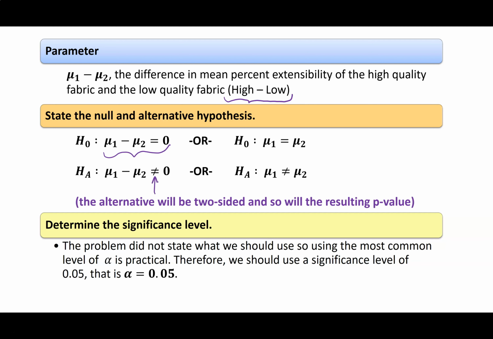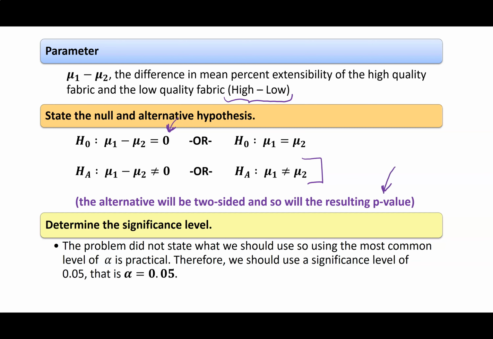So note also, across the top, we consider these two equivalent. If you said mu1 equals mu2, that's the same as mu1 minus mu2 is equal to 0. I tend to like this first one just because that equal to 0 tells me exactly what that claimed or null difference is, versus a not equal sign.